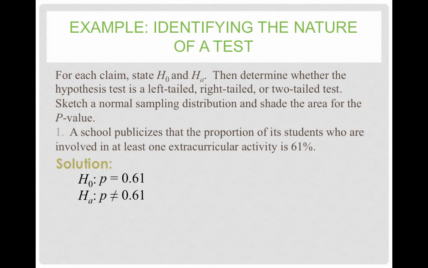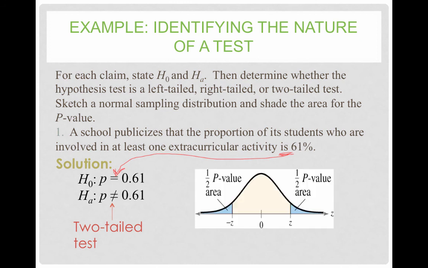So again, recall, we said "is" refers to equals. That's an equality statement, so it's our null hypothesis. So P equals 0.61. Our opposite or complement would be the alternative hypothesis of P does not equal 0.61. All right, not equal to means a two-tailed test. And so here we can see where we're going to have half the p-value in the left tail and half the p-value in the right tail.